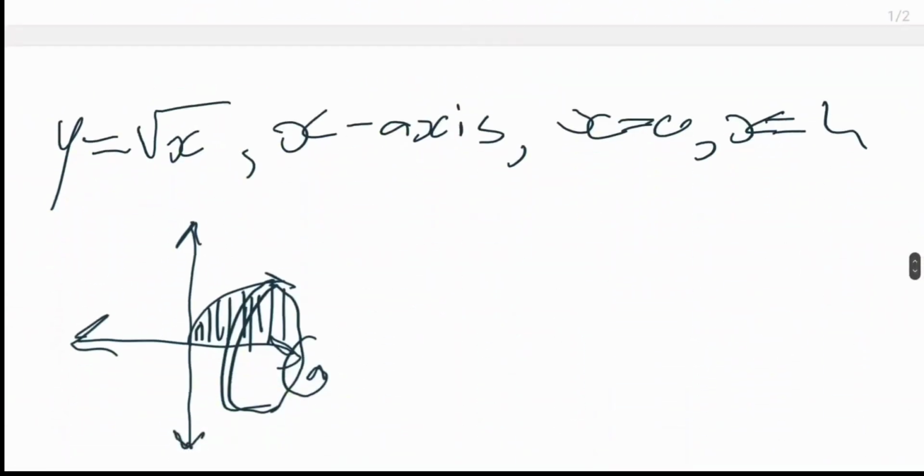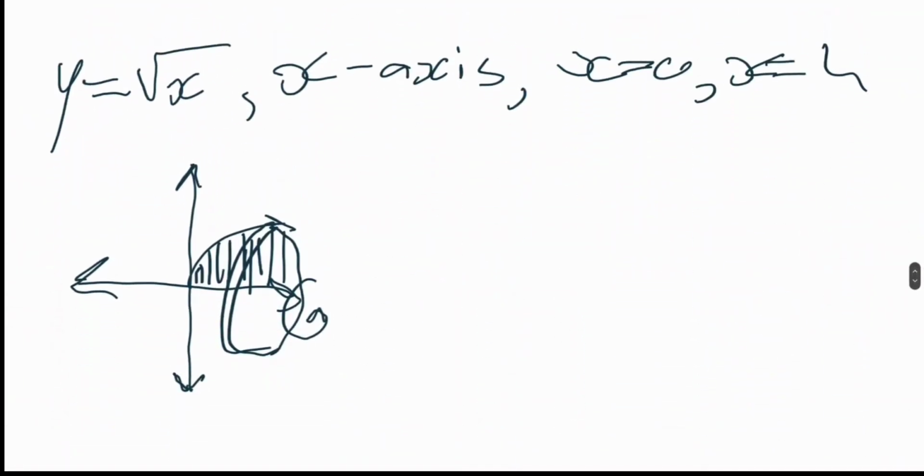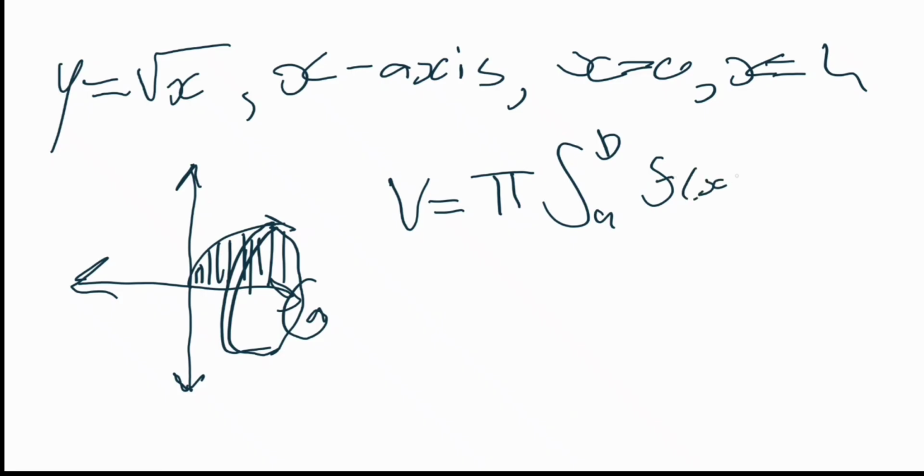Okay? So let's plug that in. V equals pi integral a to b, okay, f of x squared dx.